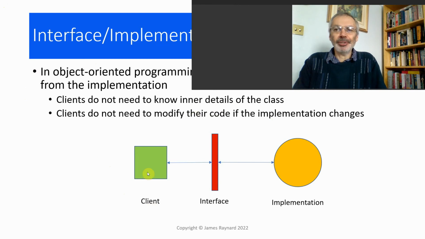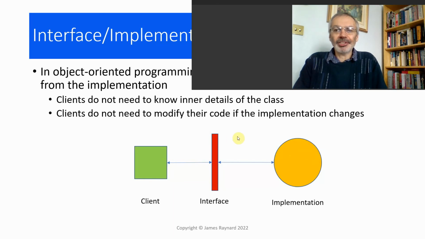The code should only interact with the interface to the class, so by calling public member functions, and the actual inner details of the class, the way that the member functions are implemented, the data members of the class and so on, should be completely hidden from the client. So the interface acts as a kind of firewall, if you like, between the class implementation and code that uses the class.